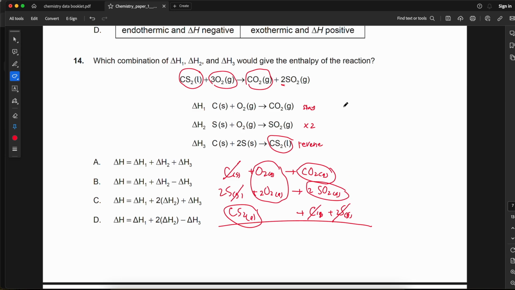So therefore, delta H will be delta H1 plus 2 times delta H2, because times 2, and minus delta H3, because it's reverse. Alright?